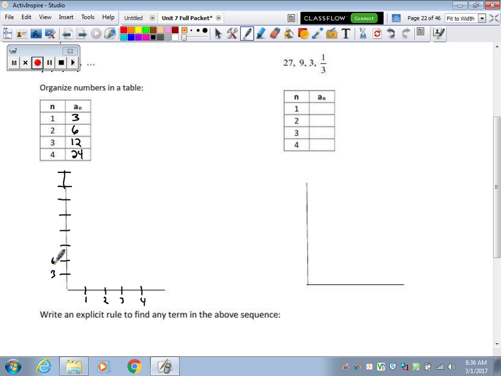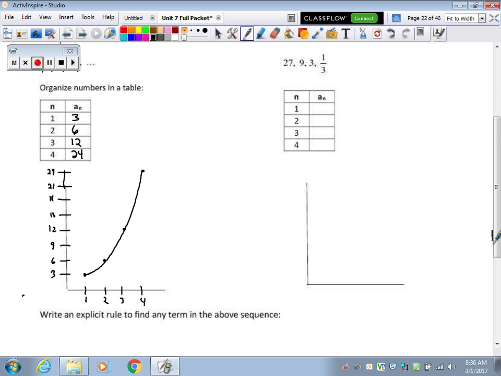I'm going to go by 3's here. And I were to graph these numbers, plot these points: 2 gives me 6, 3 gives me 12, 4 gives me 24. The graph is exponential.